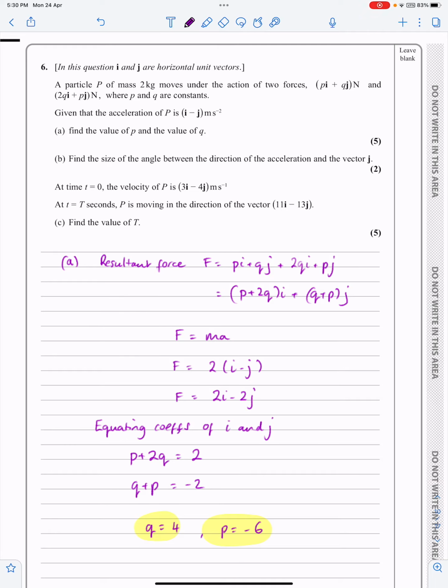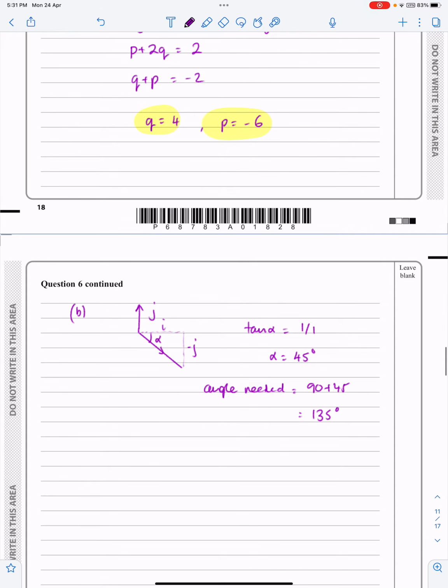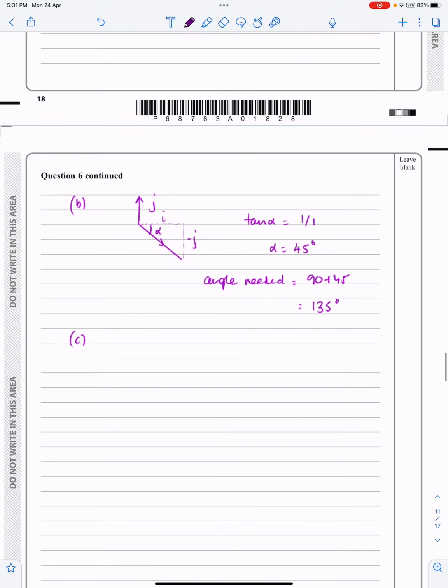It says, what we've got, at time t equals 0, velocity is equal to 3I - 4J, so that's u. At t equals t seconds, P is moving in the direction of the vector 11I - 13J, find the value of t. Okay, so we've got a SUVAT question. We've got u is equal to 3I - 4J.